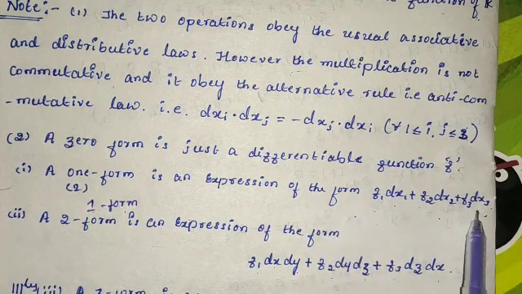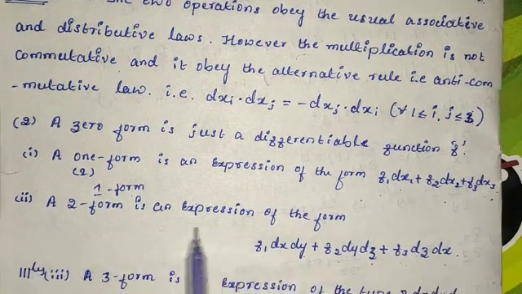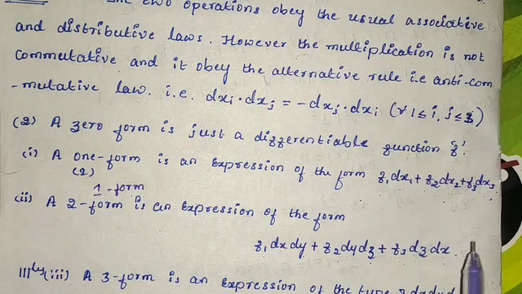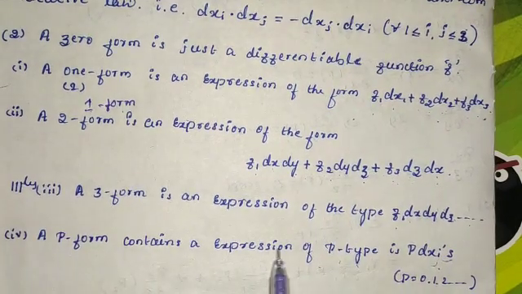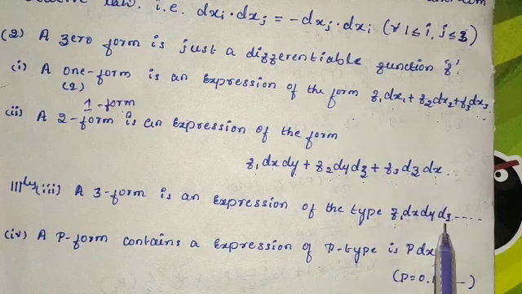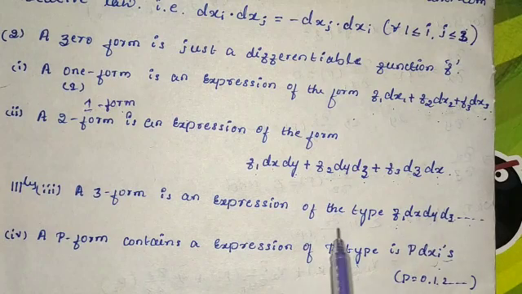Similarly, a two form is f1 into dx into dy plus f2 into dy into dz plus f3 into dz into dx. Similarly, a three form is an expression of the type f1 into dx into dy into dz plus f2, and so on.